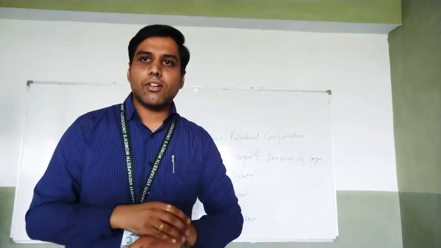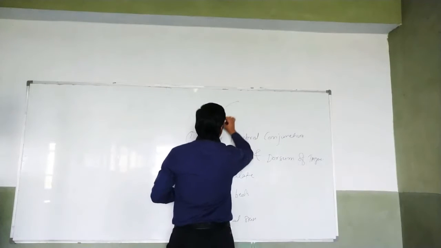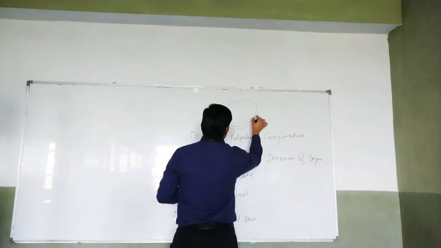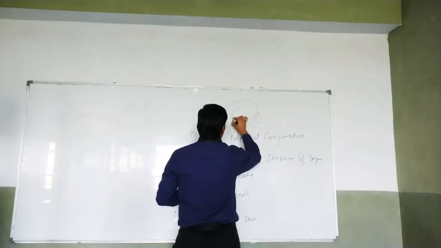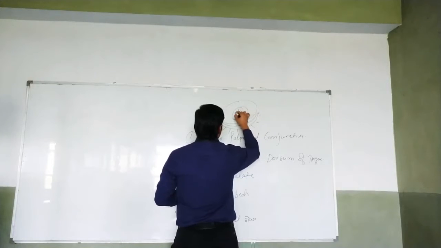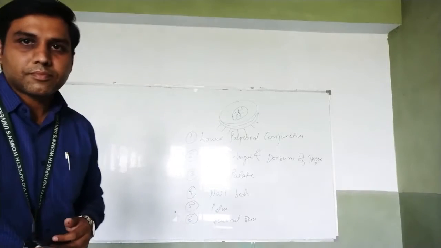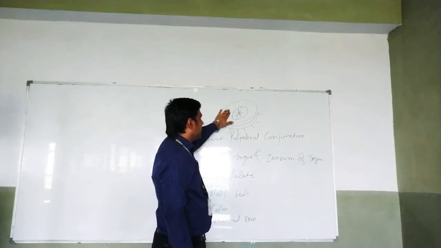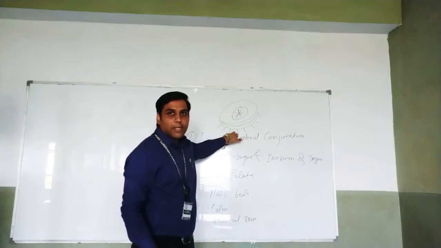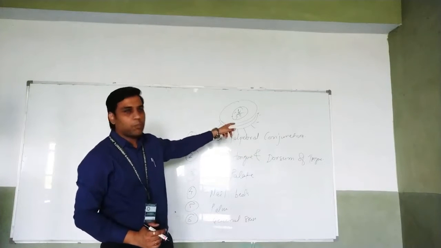Here we can draw a diagram also for better understanding. In this diagram, this is the eyeball and this is the lower palpebral conjunctiva, and in it there are two parts.